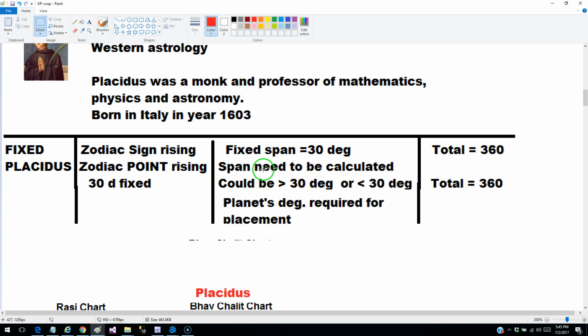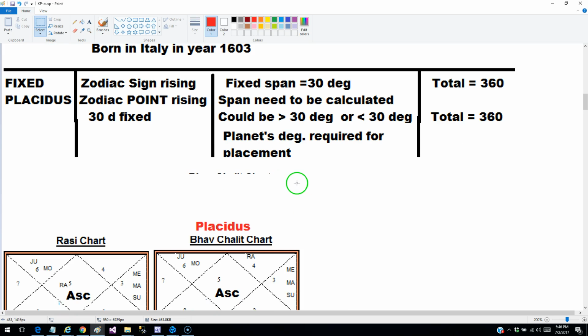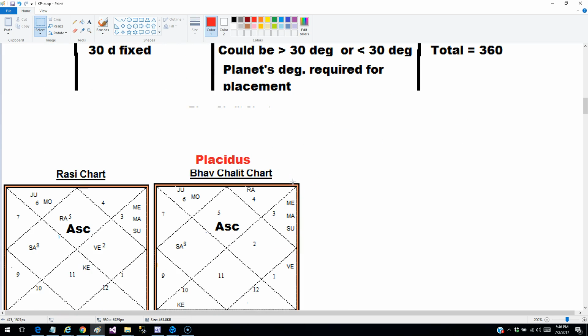And in the traditional approach, the planets are just placed in the corresponding sign wherever they are. But when you are creating a Placidus chart, you have to calculate the planetary degree, and based on that, you place the planets in a chalit chart or the Placidus chart. So we will look at that with the help of an example.